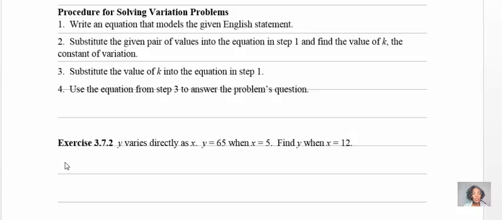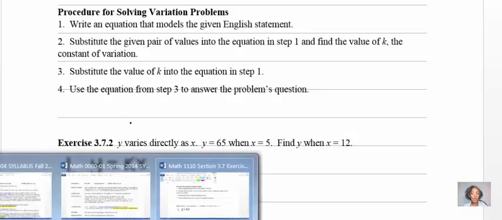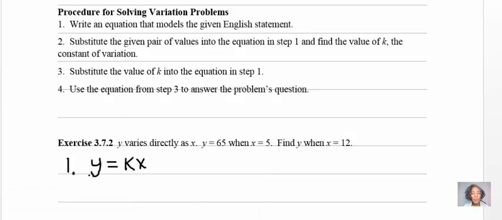The first step is for us to write an equation. So y varies directly as x translates into y equals our constant of variation times x. That's step 1: write an equation that models the given English statement. That's what we've done.